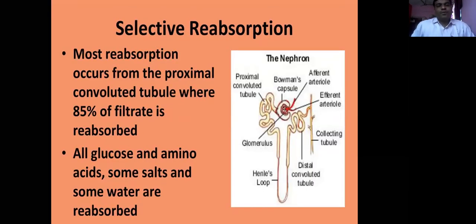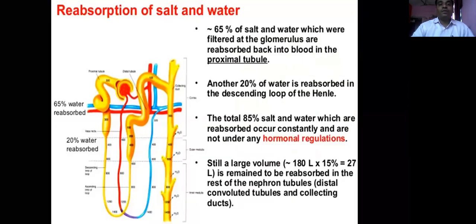Most of the reabsorption occurs in the proximal convoluted tubule, where 85% of the filtrate is absorbed. It means most of the absorption takes place in the PCT, and all glucose, amino acids, some salts, and water are reabsorbed in this process.